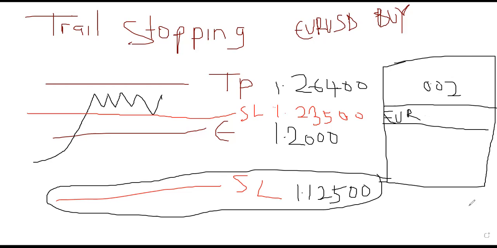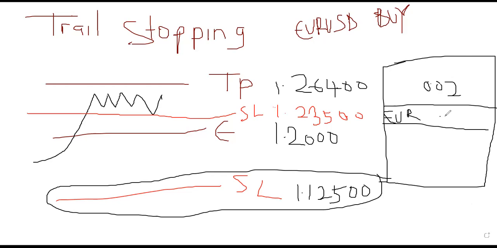Once you click on modify, you see something like TP and SL.